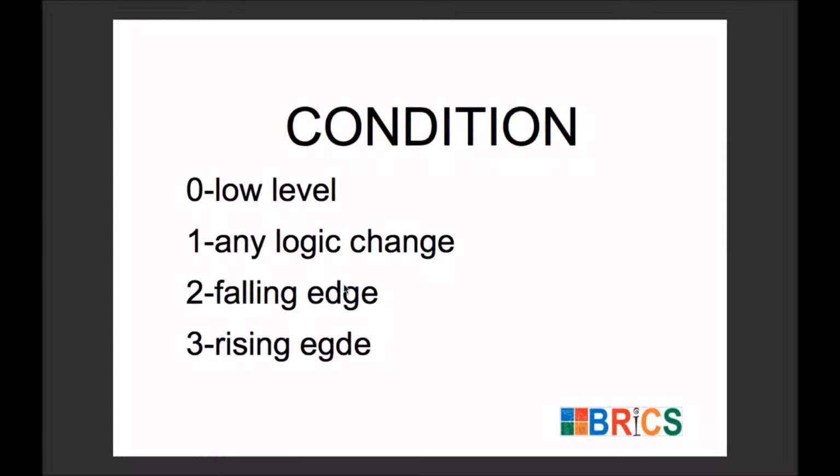Similarly, we have condition number 3, which is rising edge, meaning whenever there will be a change from 0 to 1, or from 0 volt to 5 volt, the ISR for interrupt 0 will get executed. Now we can select one condition out of these four.